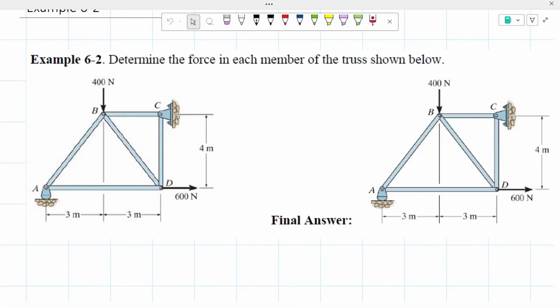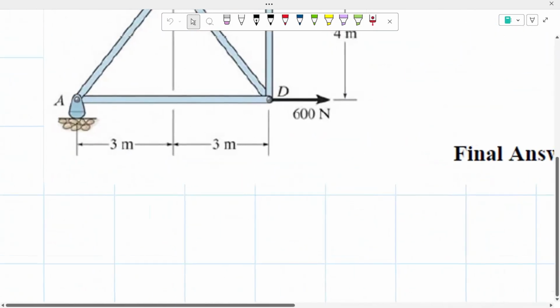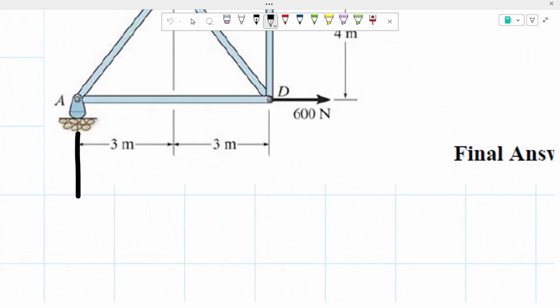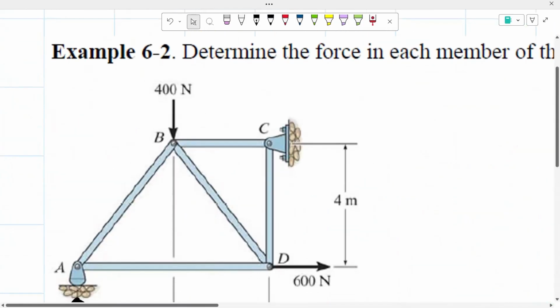As you can see, at point A we have a roller. That means we're going to have a vertical reaction. I'm going to assume that this reaction is going upward. We're going to call it A sub y. And then at point C, we have a pin support, meaning we're going to have a vertical and a horizontal reaction.